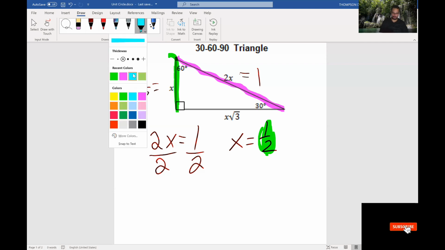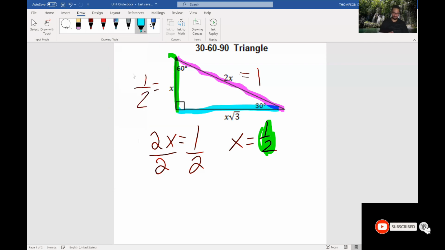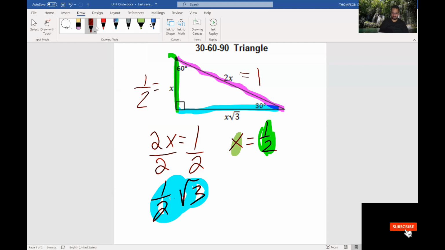Now let's deal with this bottom. Let's do that one below. So that'd be 1/2 times √3. So that's just √3 over 2.